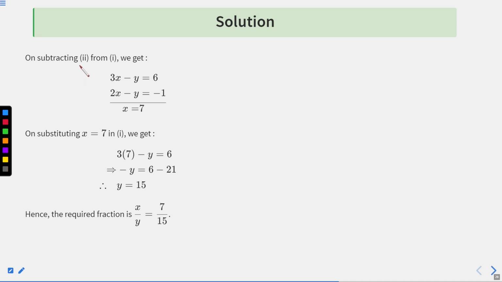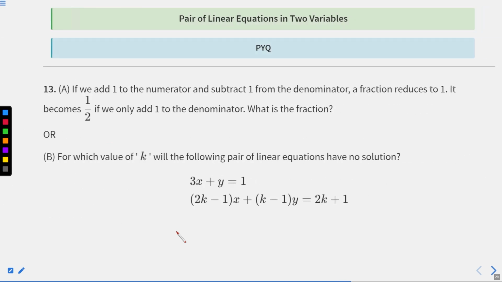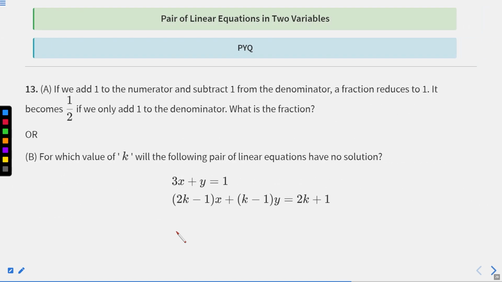Once subtracting 2 from 1, we get the value of x is equal to 7. Once substituting x equal to 7 in equation 1, we get the value of y is equal to 15. So hence the required fraction x over y is equal to 7 by 15. Now let us move to question number 13.